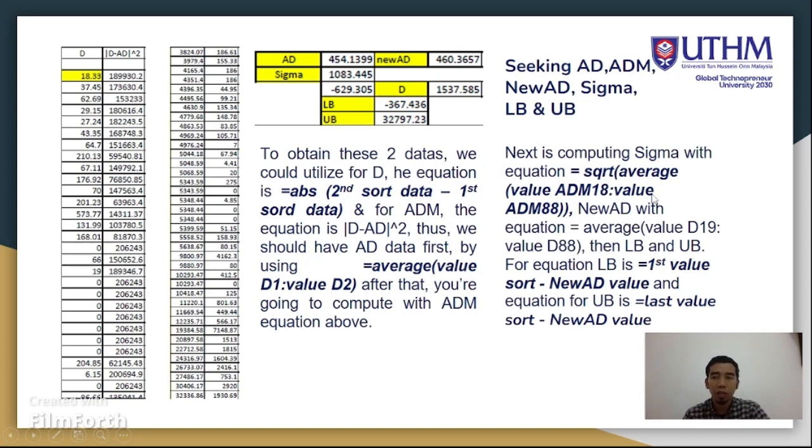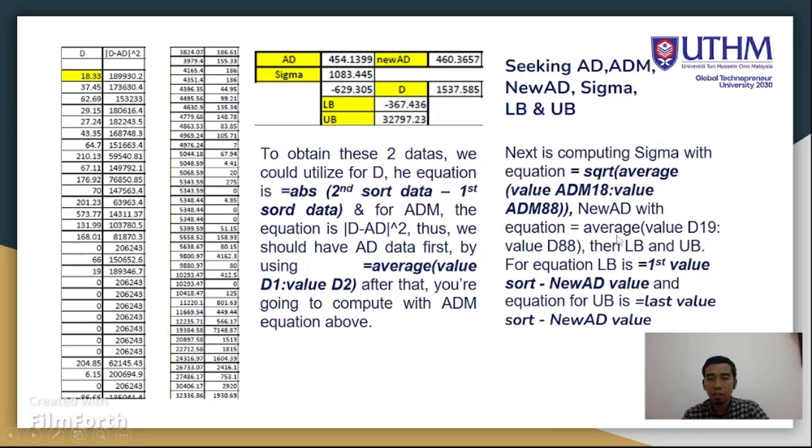After using these equations, we already have the sigma data. The equations use value d19 until value d88. These values represent the values from my Excel data.